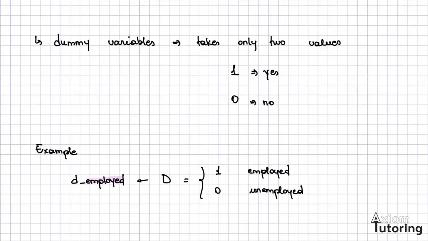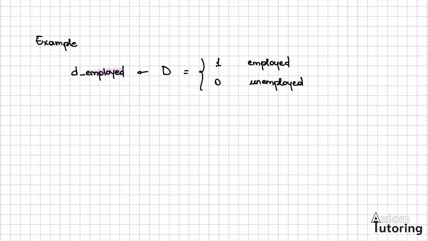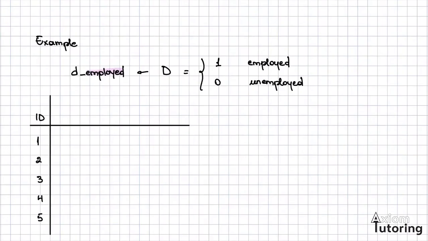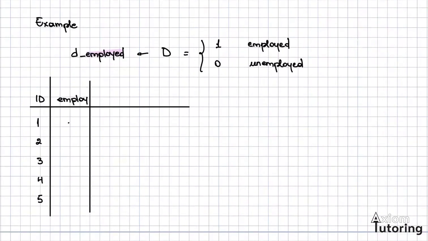Now, how exactly do we plug that into a regression? Because it's very easy to picture an Excel spreadsheet, and in terms of data that we have collected, let's say we have people who we are asking many different questions, one of which is, are they employed or not? And the answer will be a yes or no, which in your Excel spreadsheet is going to look like 1, 0, 0, 1, 1.